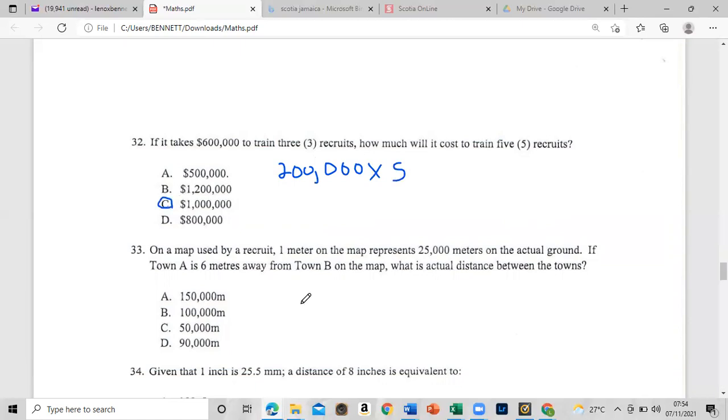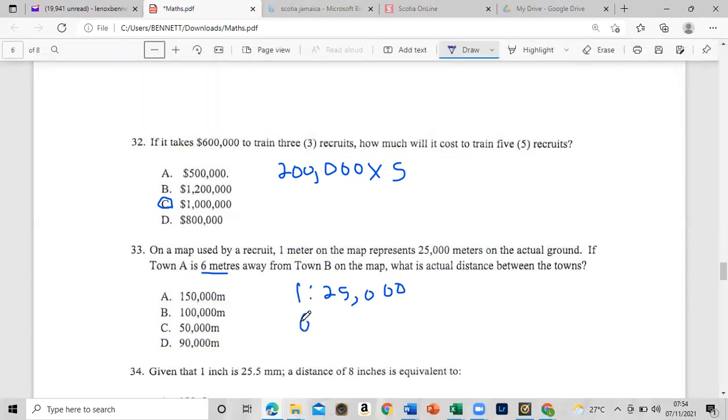All right, and a map used by a recruit. 1 meter on the map, so let's say that now, 1 meter is 25,000 meters, right? And then it says from town A to town B is 6 meters.